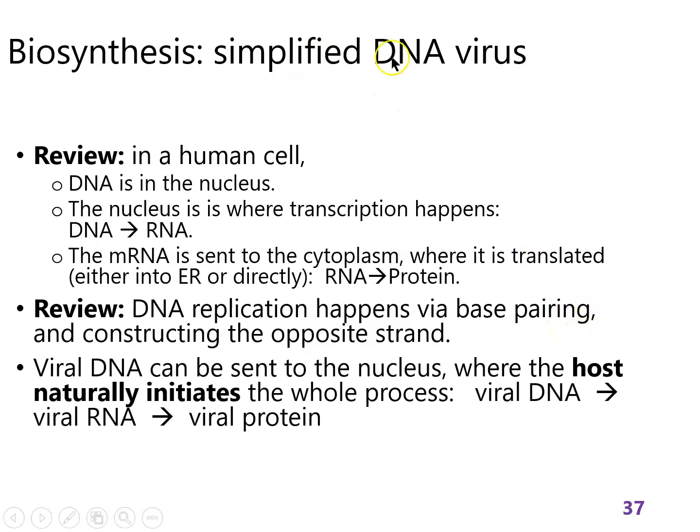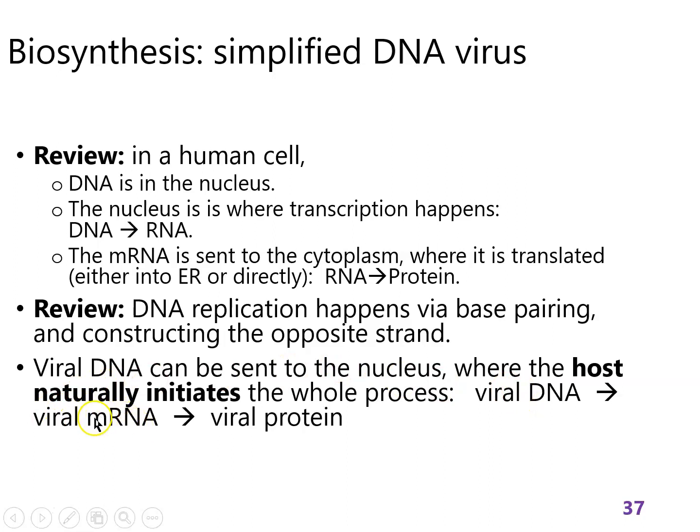So a DNA virus can send its DNA, its nucleic acid, into the host cell nucleus, where the host normally does all of this. The host will take that viral DNA and transcribe it to make viral RNA.